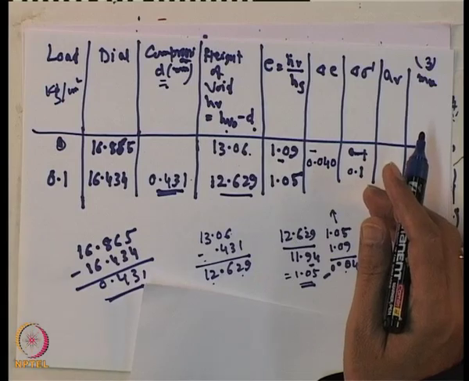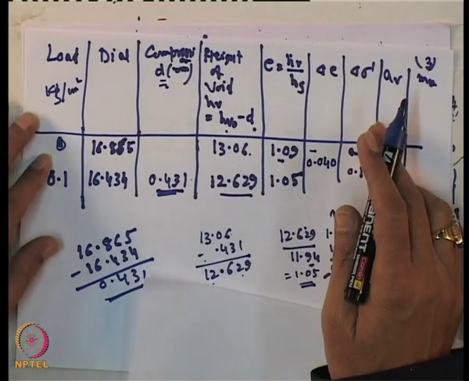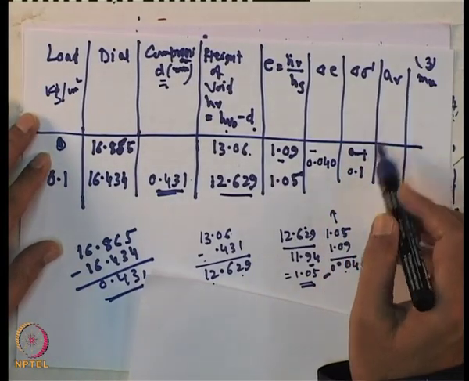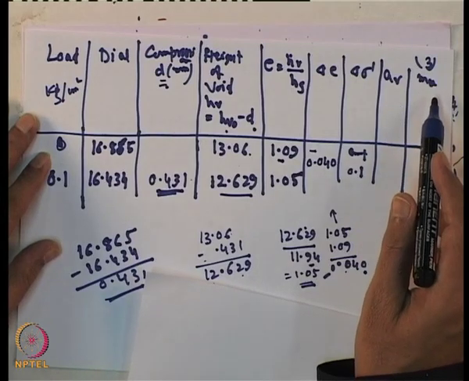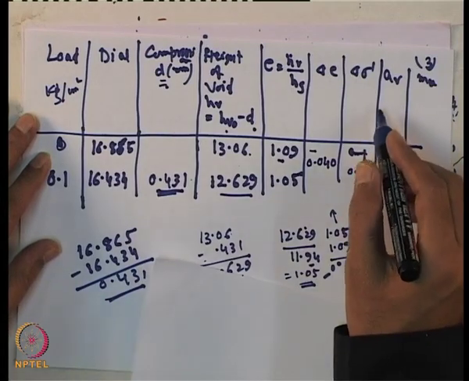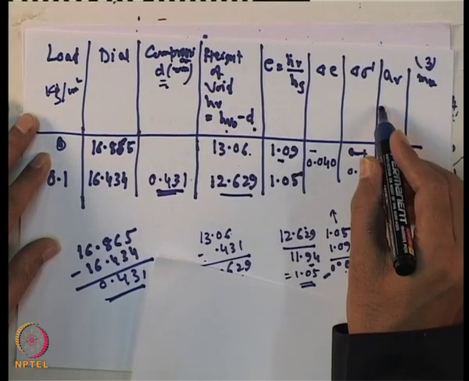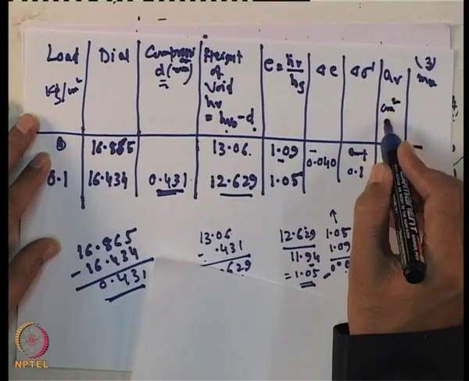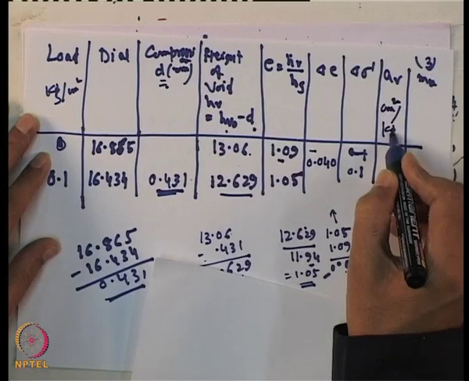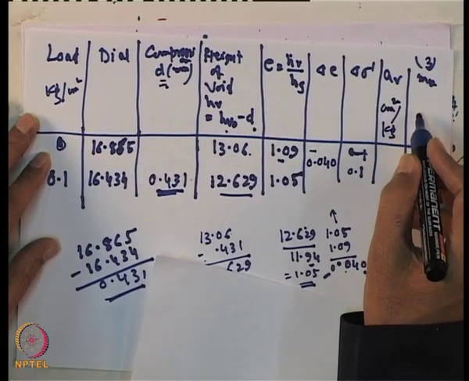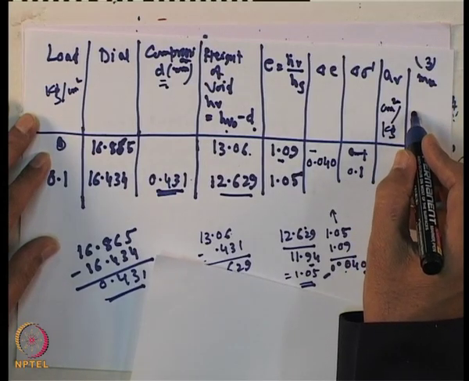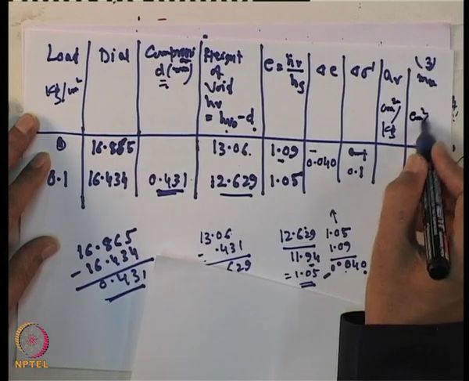Similarly, you can calculate delta sigma dash, the av and the mv. av can be expressed as centimeter square per kg, and mv also can be expressed as centimeter square per kg.